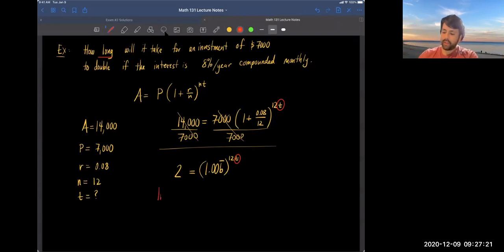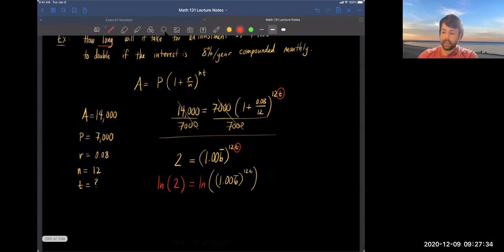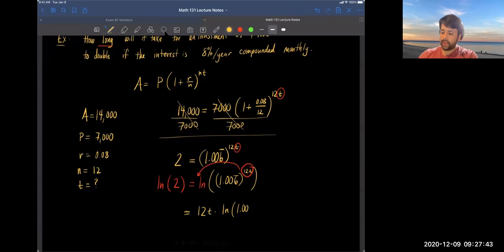If I apply logs on both sides, by the power rule, the power goes in front. So this is 12t times ln of 1.006 repeated.